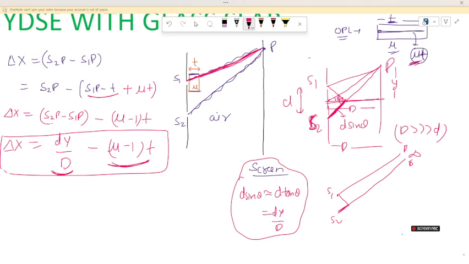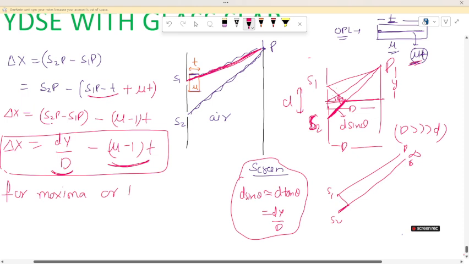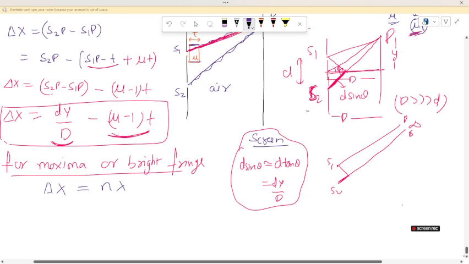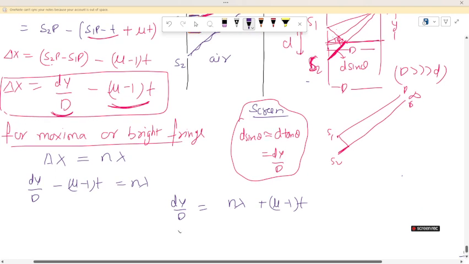Now, let's say for maxima, or bright fringe, the path difference must be equal to n lambda. So we put the formula dy by D minus (mu minus 1) into t equal to n lambda, and dy by D equals n lambda plus (mu minus 1) into t, so y equals n lambda D by d plus (mu minus 1) t D by d.